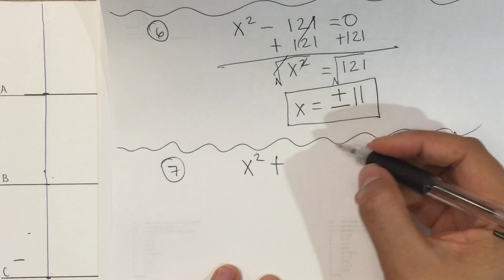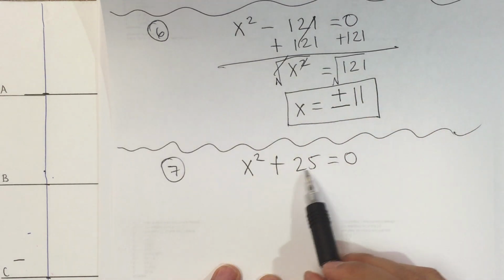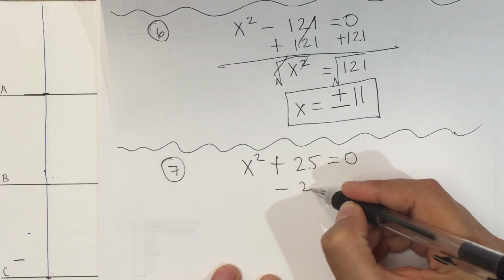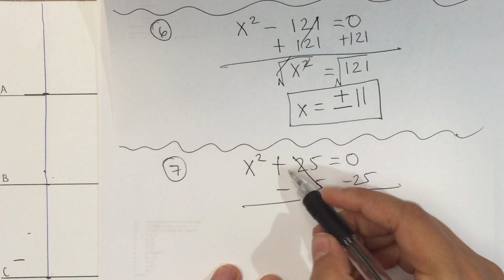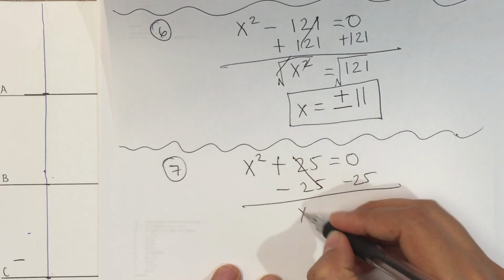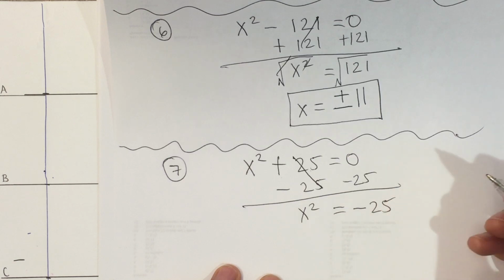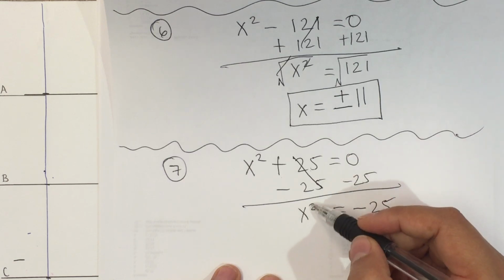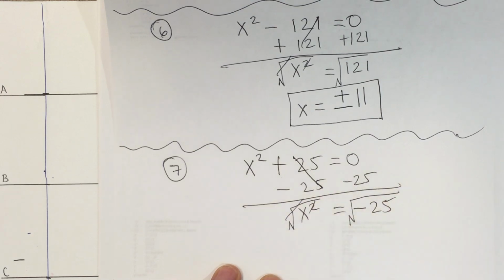So what if I have x squared plus 25 equals 0? Well, in here I'm going to be subtracting because those are the inverse operations. And so x squared equals negative 25. To solve for x, to leave it by itself, I'm going to take the square root of both sides.